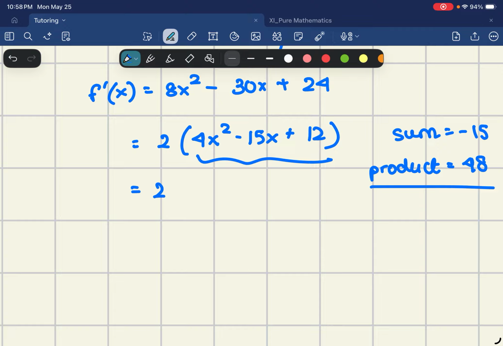So are there any two numbers that satisfy this condition? Unless I factorized it wrong. I don't think I did.